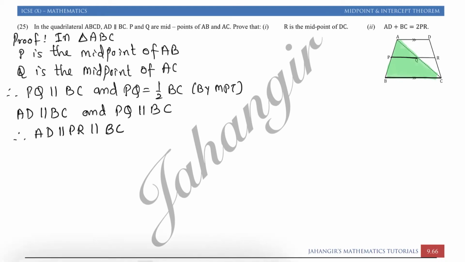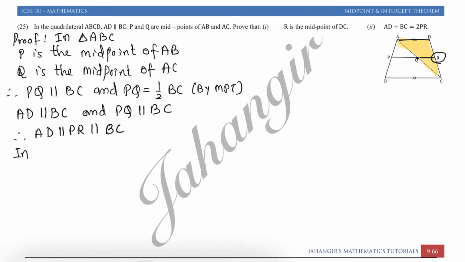Now I will consider another triangle. This triangle, in which I know Q is the midpoint of AC and this line is parallel to this. So by converse I can say R is the midpoint.